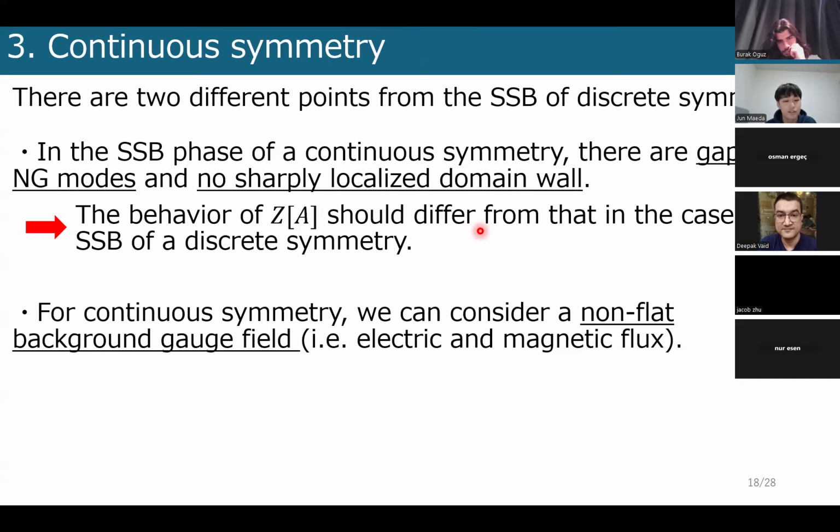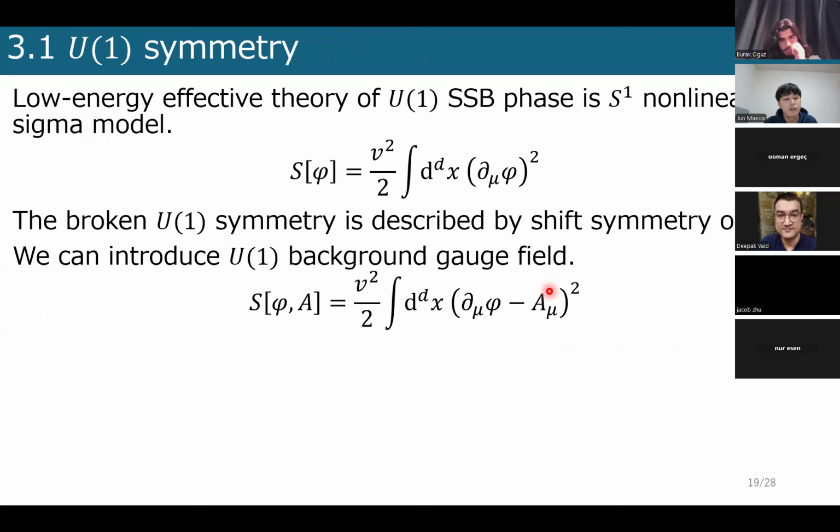The second point is that for continuous symmetry, we can consider non-flat background gauge fields. For discrete symmetry, the gauge field is always flat, but for continuous symmetry, we can consider a non-flat gauge field, which is equivalent to the insertion of electric flux or magnetic flux. Okay, first I will explain the calculation of the partition function in the U(1) symmetry case.